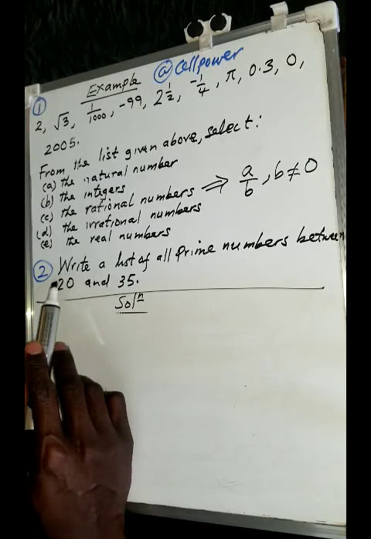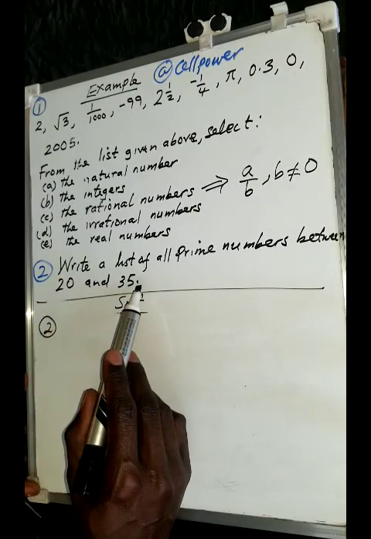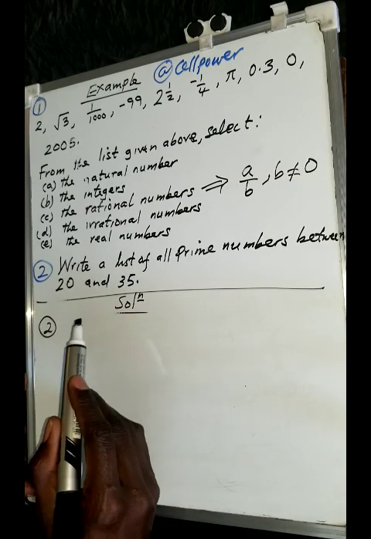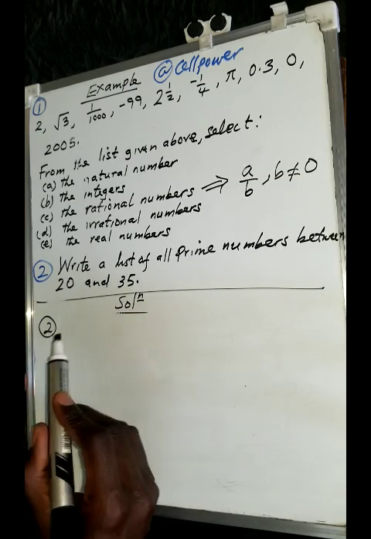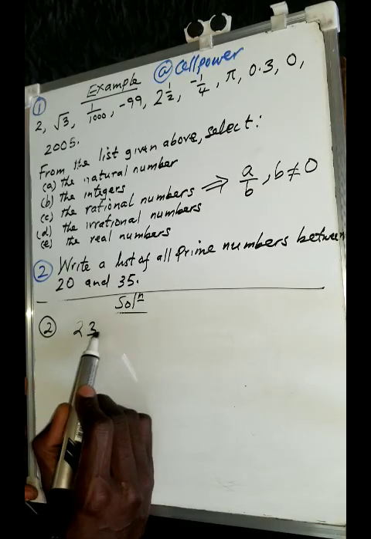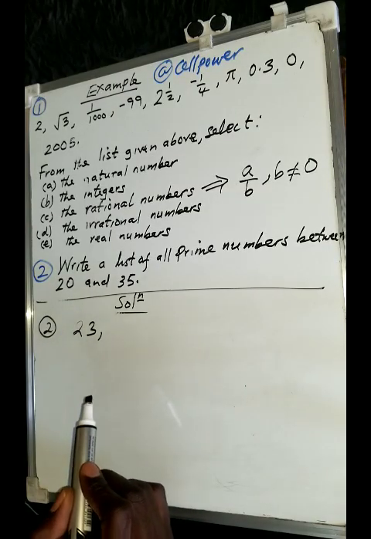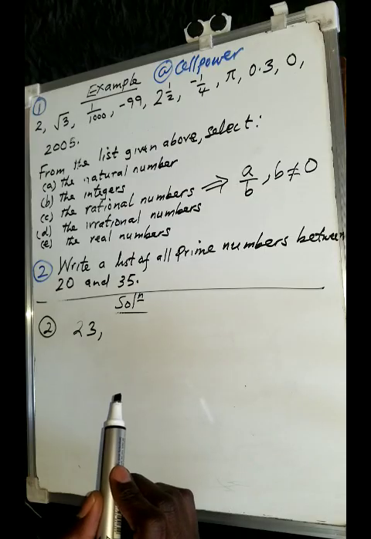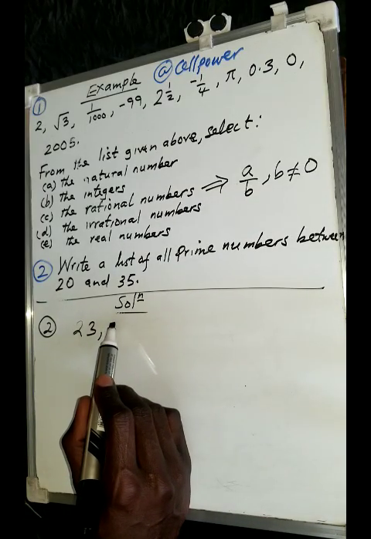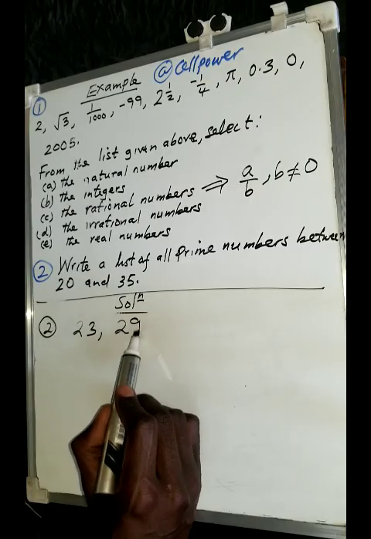Is 20 prime? No, because a lot of numbers go into it. 21? No, 3 and 7 can also go into 21, therefore no. 23? Yes, only 23 and 1 can go into it. Another one we can talk about is 29.